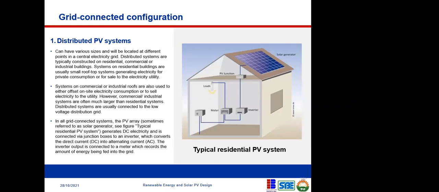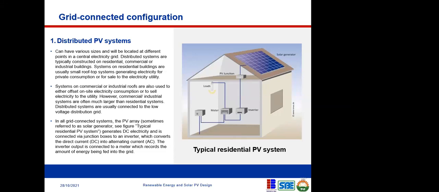See the figure, typical residential PV system. The panels generate DC electricity, which is connected via a junction box to an inverter, which converts the direct current into alternating current. The inverter output is connected to a meter, which records the amount of energy being fed into the grid. In most cases, we call this net metering.